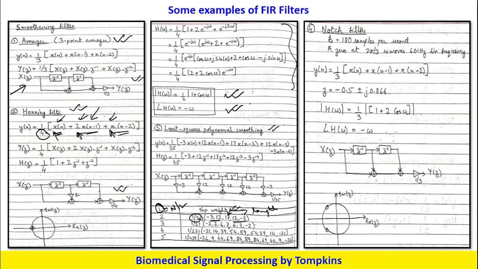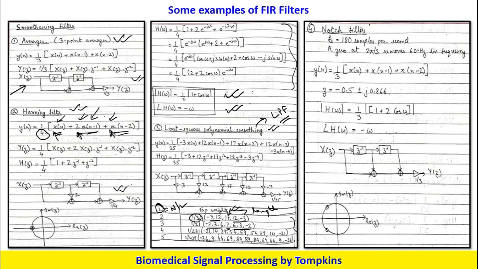In the next case, 7 is the central value, and on both sides the values are repeating. This is the same in all the cases. So when we talk about least square polynomial smoothing, which is for low pass filter design, we have to remember these tap weights, and then you can design the filter easily.